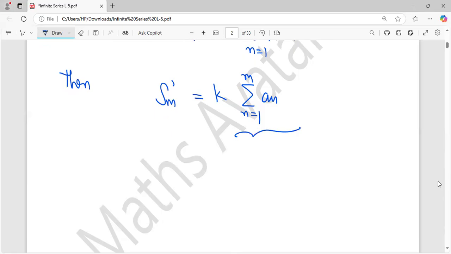This is Sm. This implies Sm dash is equal to k times Sm.